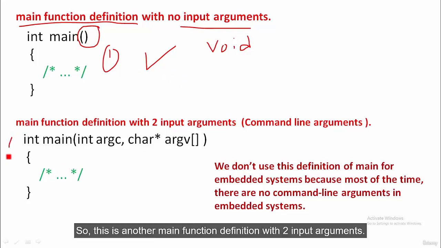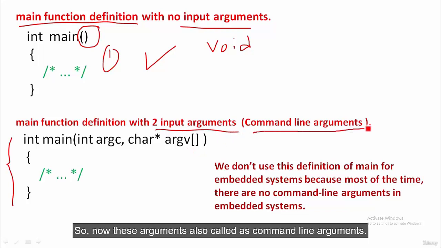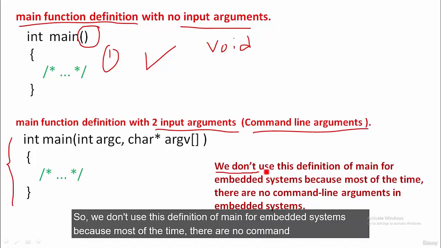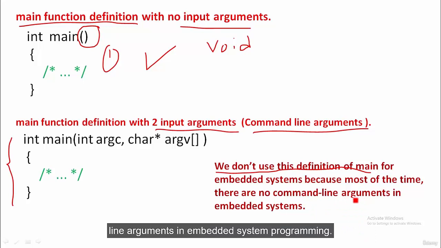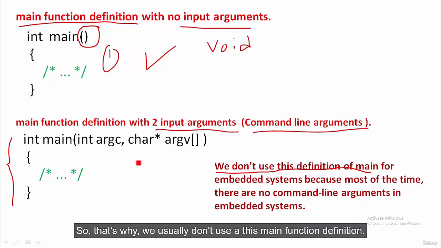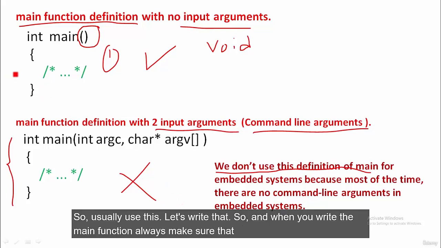This is another main function definition with two input arguments. These arguments are also called command line arguments. We don't use this definition of main for embedded systems because most of the time there are no command line arguments in embedded system programming. That's why we usually don't use this main function definition. We usually use this.